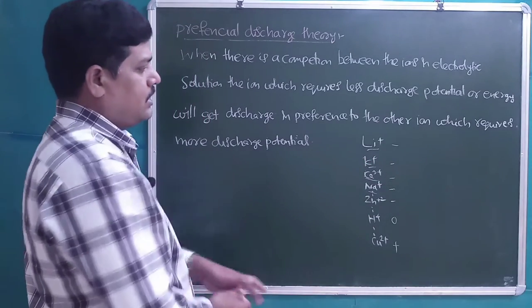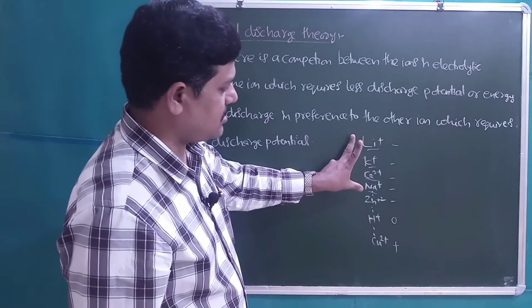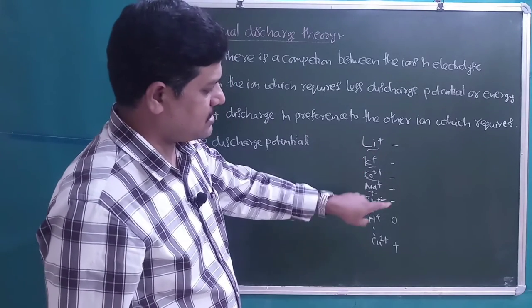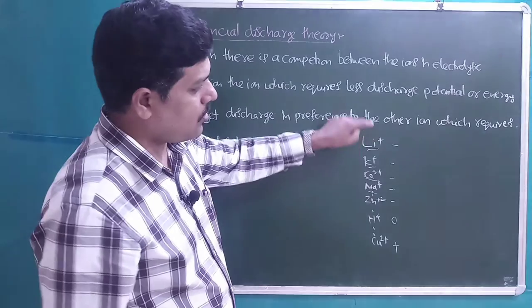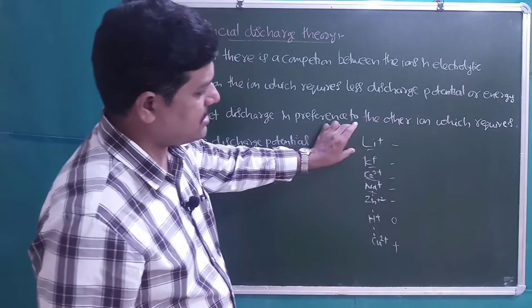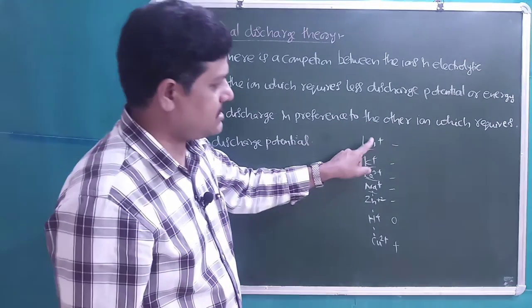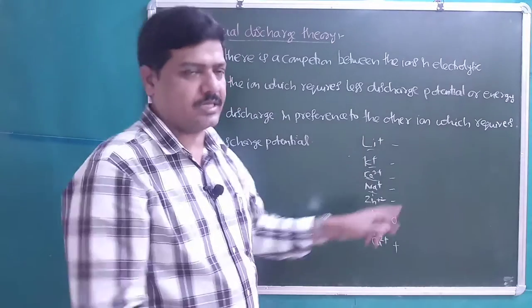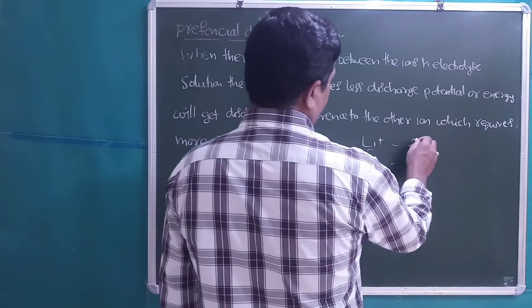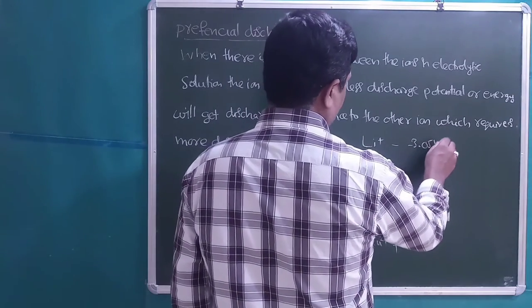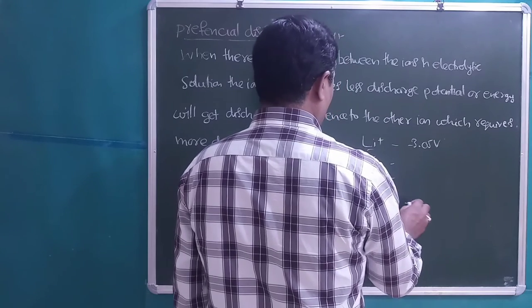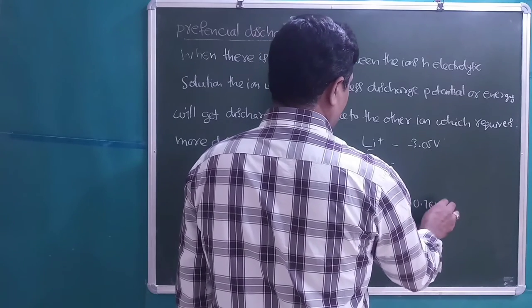For example, if both ions are present in the solution, Li+ and Zn2+, a more negative value of reduction potential indicates less tendency of undergoing reduction. Li+ has minus 3.05 volts and Zn2+ has minus 0.76 volts.